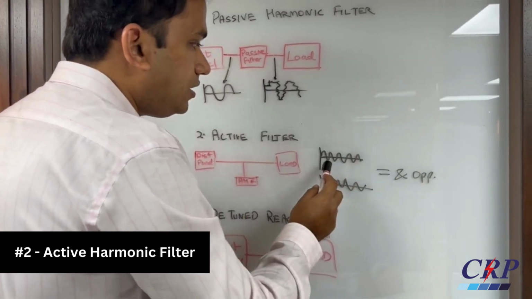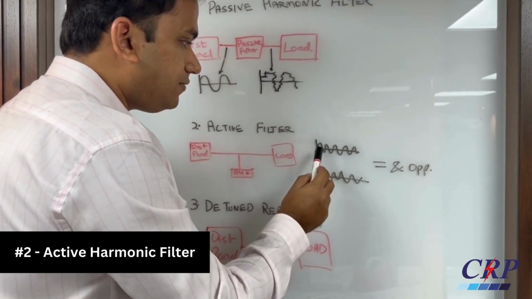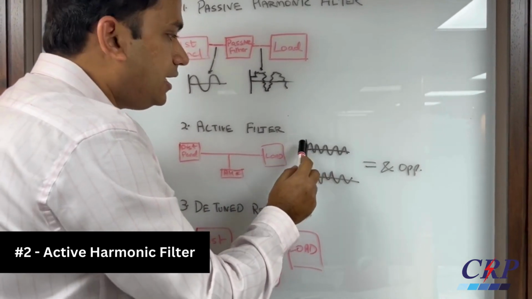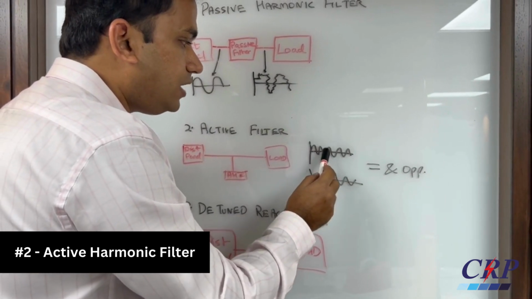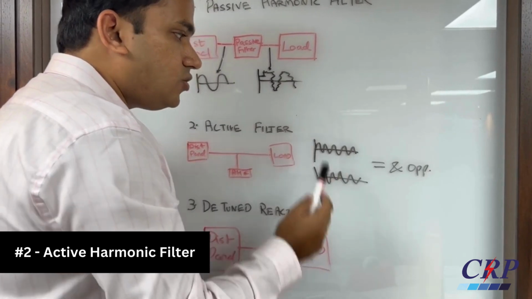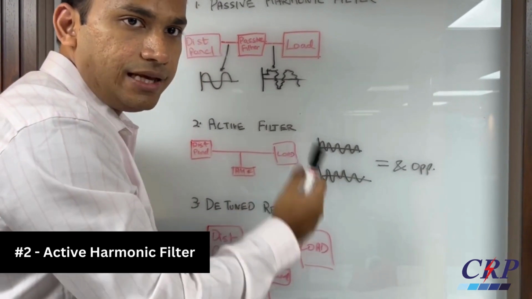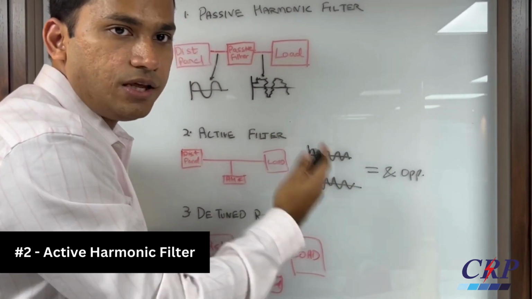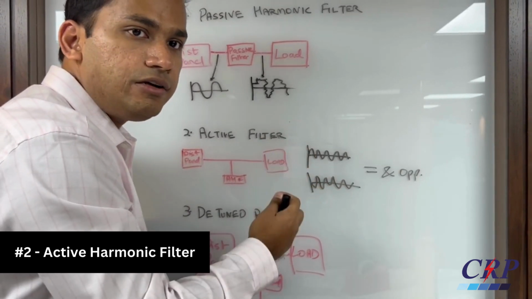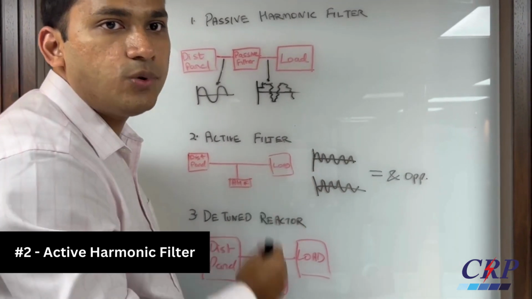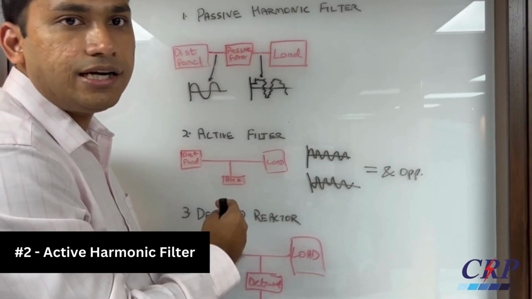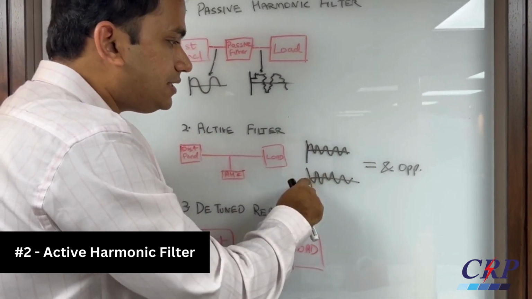So if you see on the right hand side, for example, if this is the third harmonic and the waveform of the harmonics is like this, the AHF will sense the rating and the frequency of the harmonics and inject an equal and opposite waveform into the electrical distribution so that this and this are cancelled out.